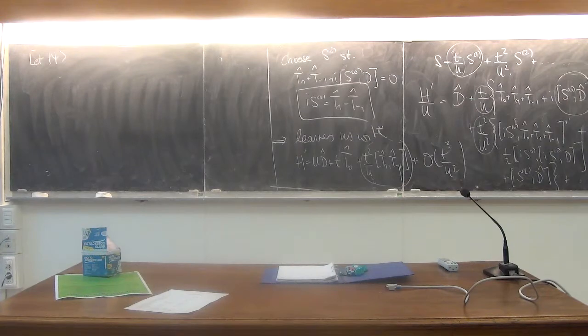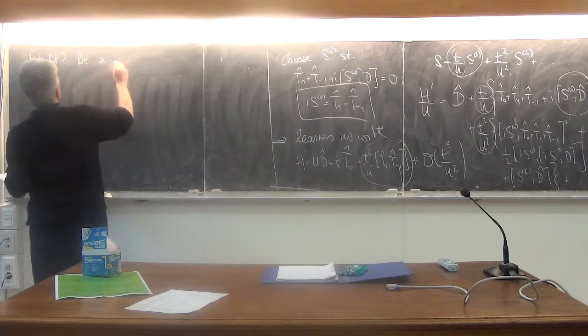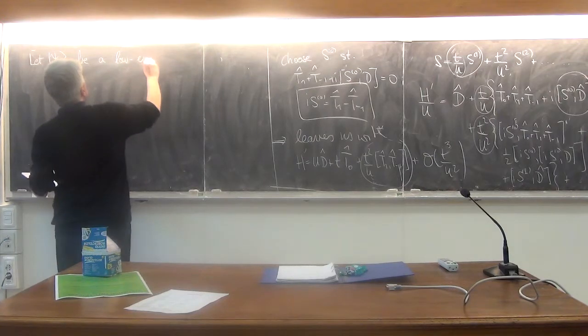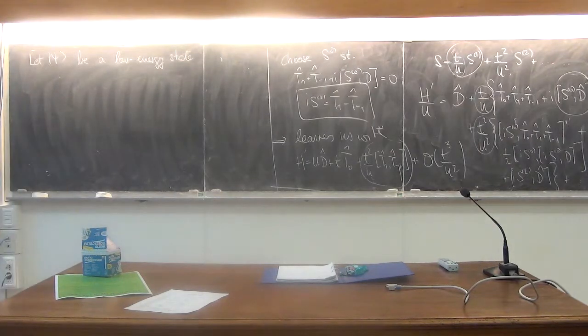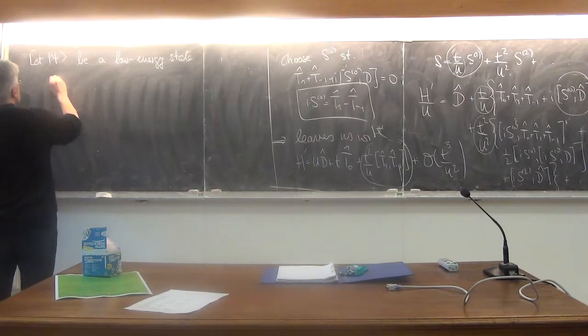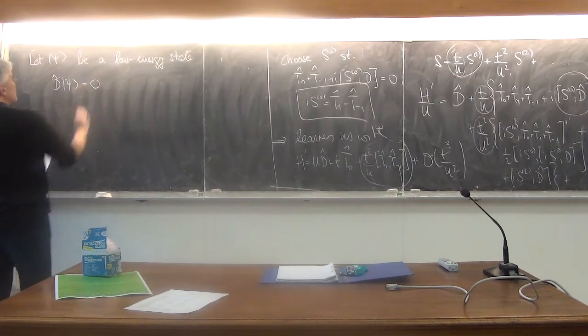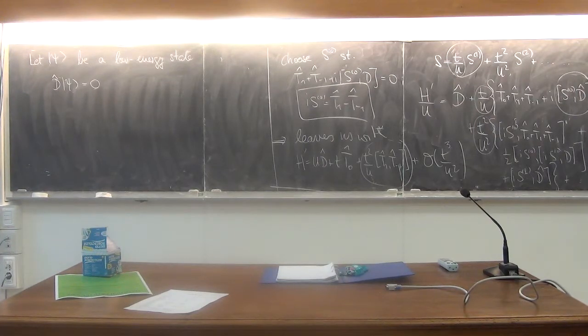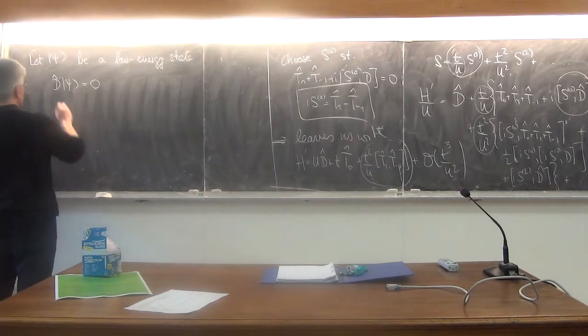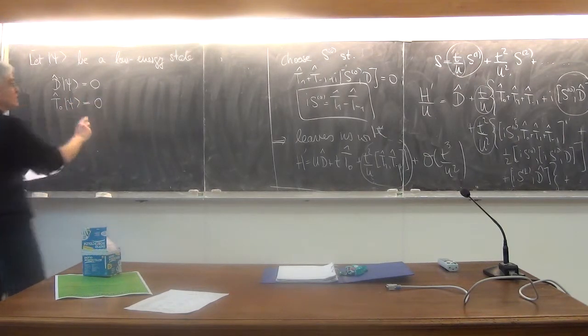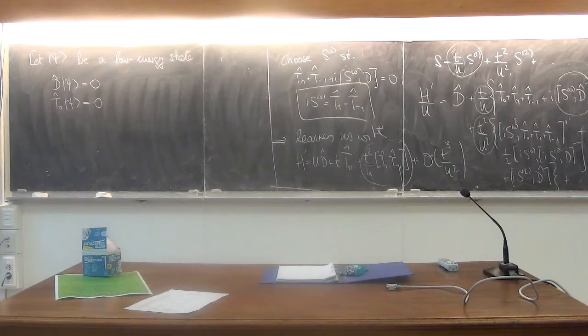Okay, so let psi be a low energy state. In other words, one of these 2 to the L states which were degenerate when t was equal to 0. Then t hat on psi is equal to 0 because it doesn't have doubly occupied sites. Every site is singly occupied. Furthermore, t naught hat on psi is also equal to 0, as you can check by going back to the definition of T naught.